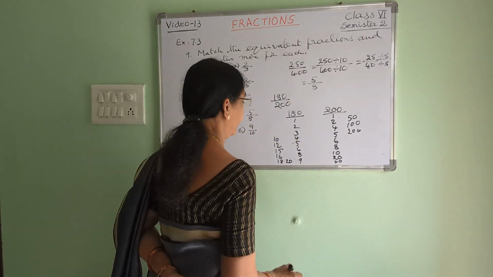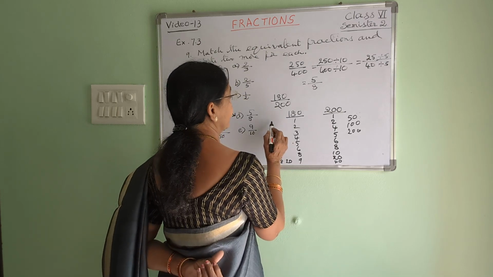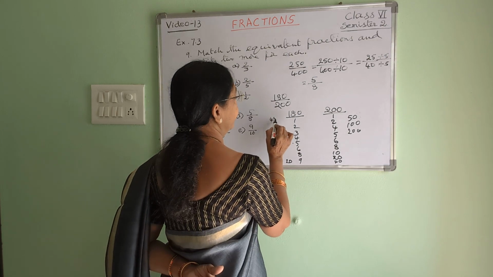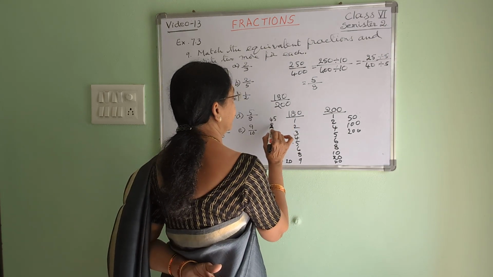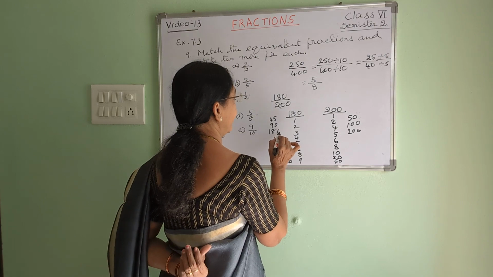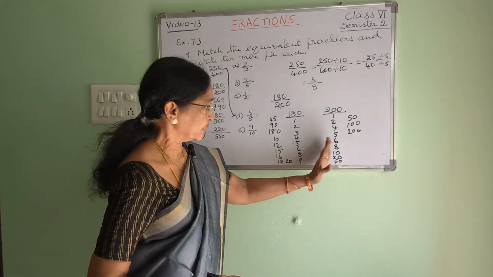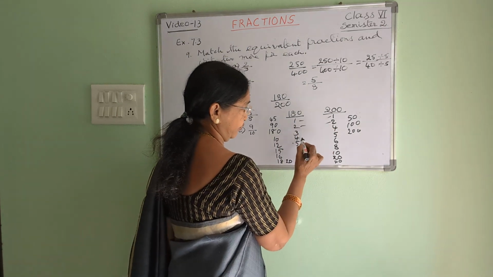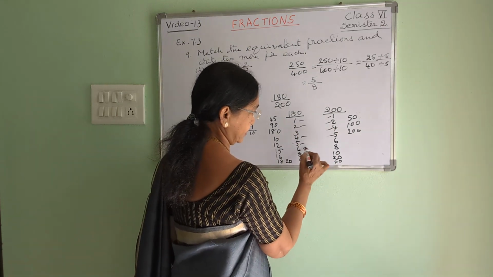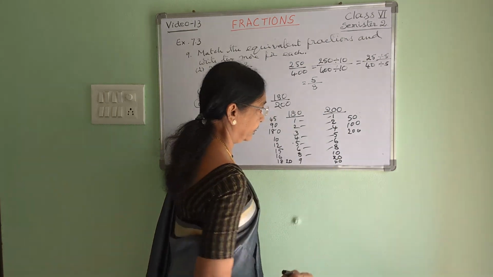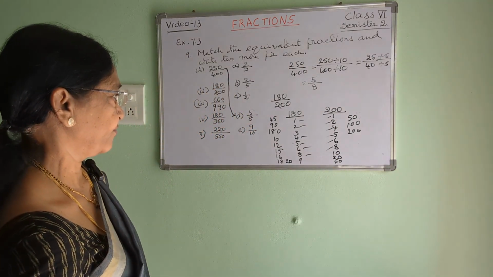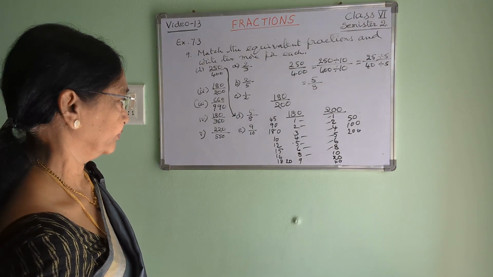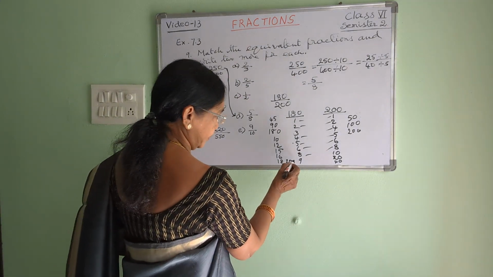Here also 90 is a factor. 45 is a factor. 180 is a factor. These are all factors. Now observe which are common. 1 common, 2 common, 4 common, 5 common, 6 common, 8 common. Any other common factors? 10, 20, 40. 20 is common.